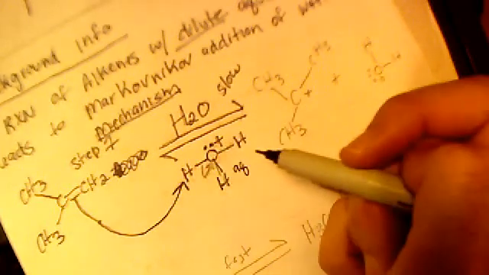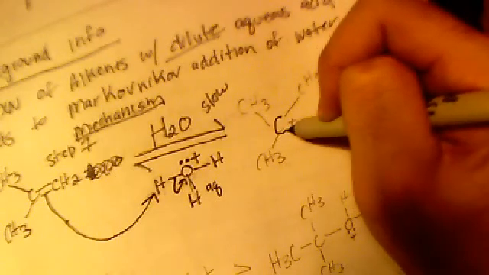The pi bond from the molecule gives both of its electrons to one of the hydrogens of the acid, and then that bond gives its electrons to the oxygen of the acid. And so we get Markovnikov addition, right?